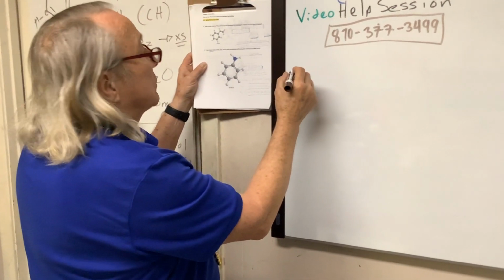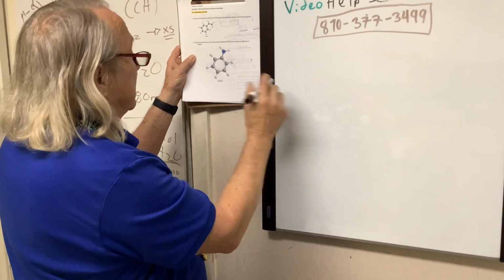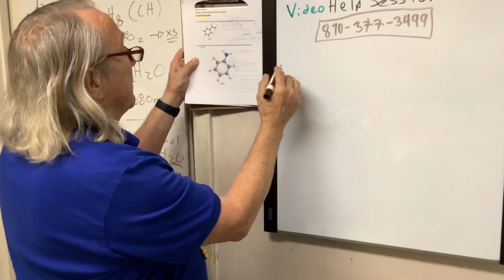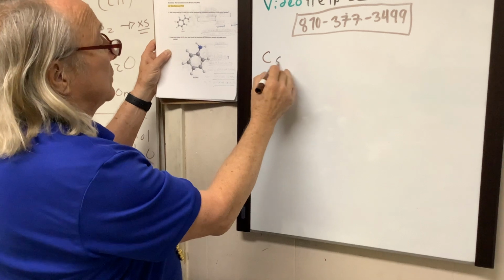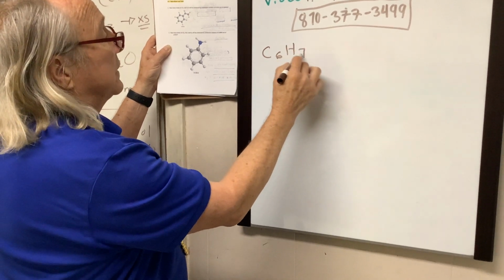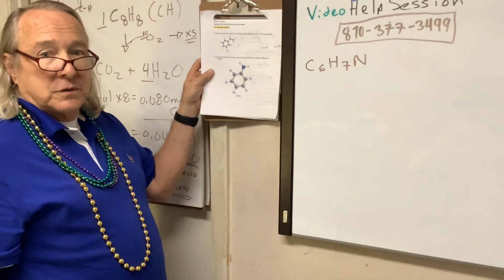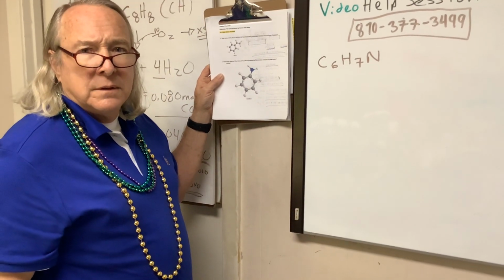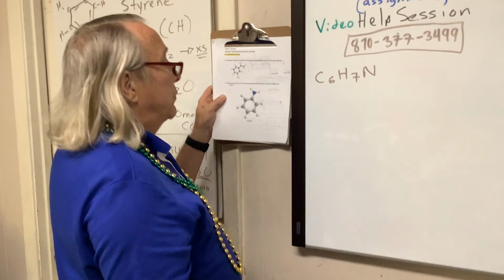So in this case, my aniline, the starter compound for many dyes and other compounds, is C6H7N. If you don't want to look it up or you can't interpret that structure, Google it. Google aniline, molecular formula or chemical formula. This is its chemical formula.